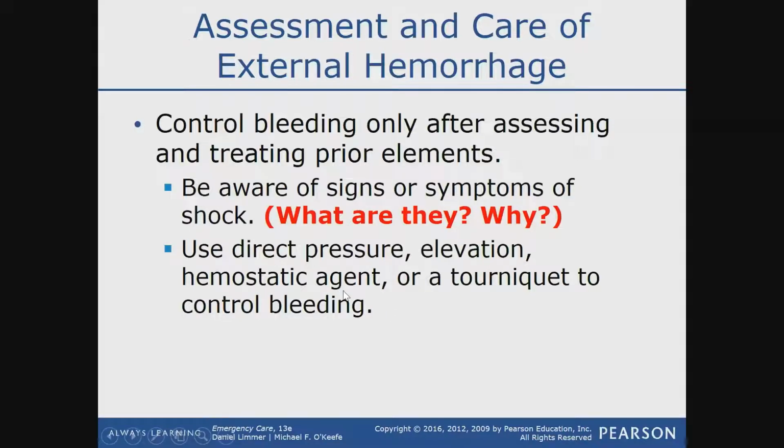Hemostatic agent. So a hemostatic agent, it's a dressing. You have just regular sterile dressings, and then you have hemostatic dressings. What hemostatic dressings do is take away the fluid part of the blood, the plasma, and leave all the solid stuff in the area to help clot faster.